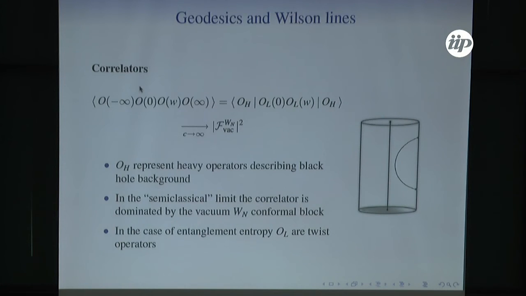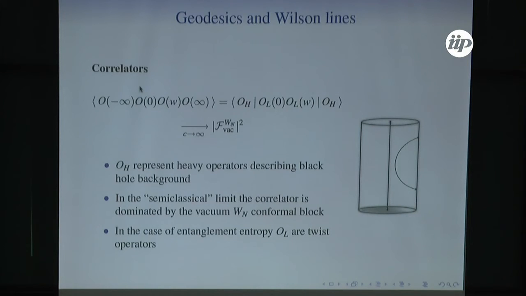And so these heavy operators create a background which in terms of gravity is just a black hole solution. And in this background of this black hole solution, you can compute a Wilson line, or you can compute a geodesic distance in this background, and that will compute a 2-point correlation function. And you can compare this with the calculation in CFT. So this limit is also accessible in CFT.